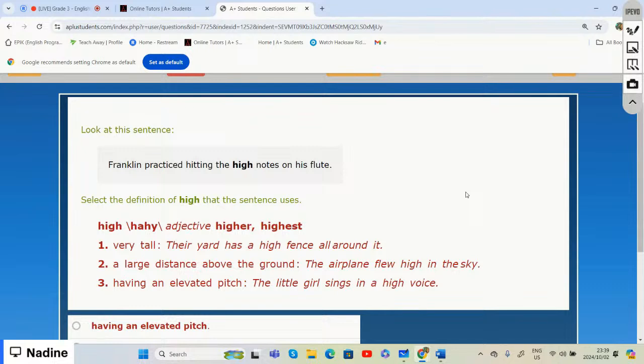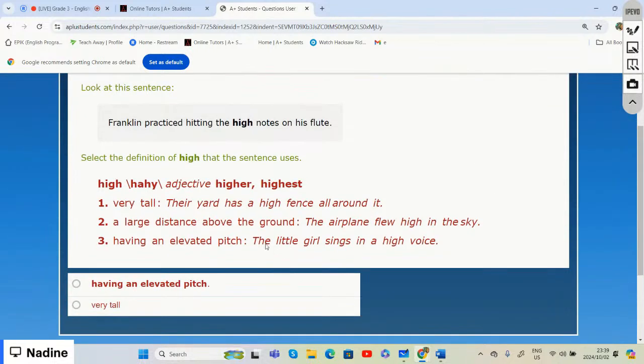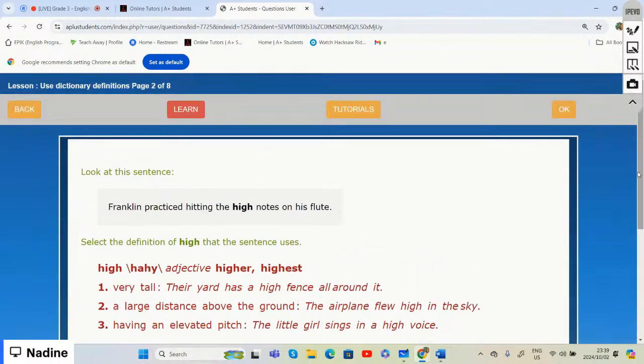We will go with option three, having an elevated pitch. It's like you need to have a proper higher pitch.